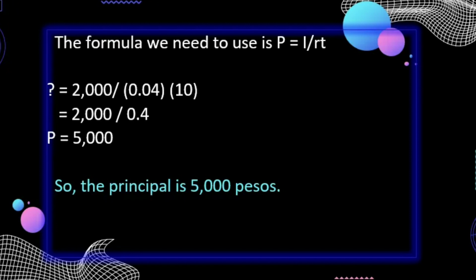So the answer is going to be 0.04. Now we needed the interest, which is 2,000 pesos, divided by 0.04. So the principal is going to be 50,000.